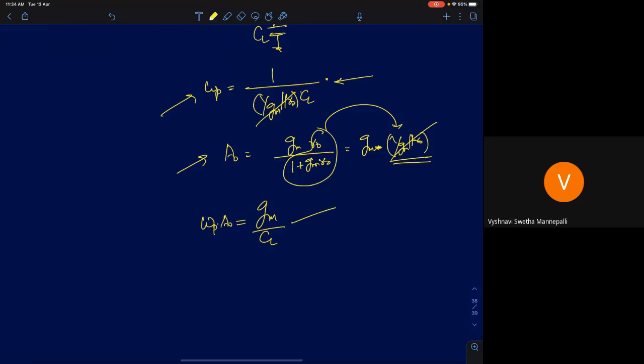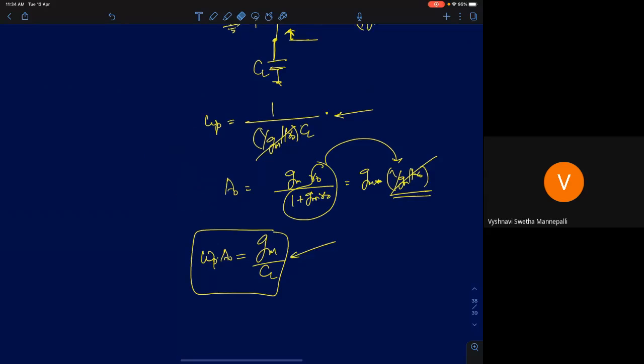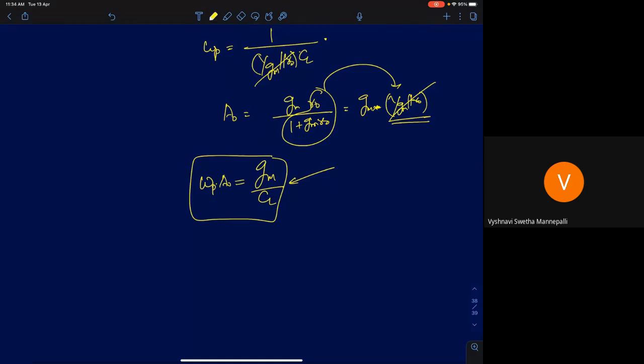The gain bandwidth product remains the same even for the common drain configuration. But what is happening to the pole here? Let's compare it with a common source amplifier, looking at the gains first. Comparing the mod of A0 of the common drain amplifier with the mod of A0 of the CS amplifier, CS is obviously larger.